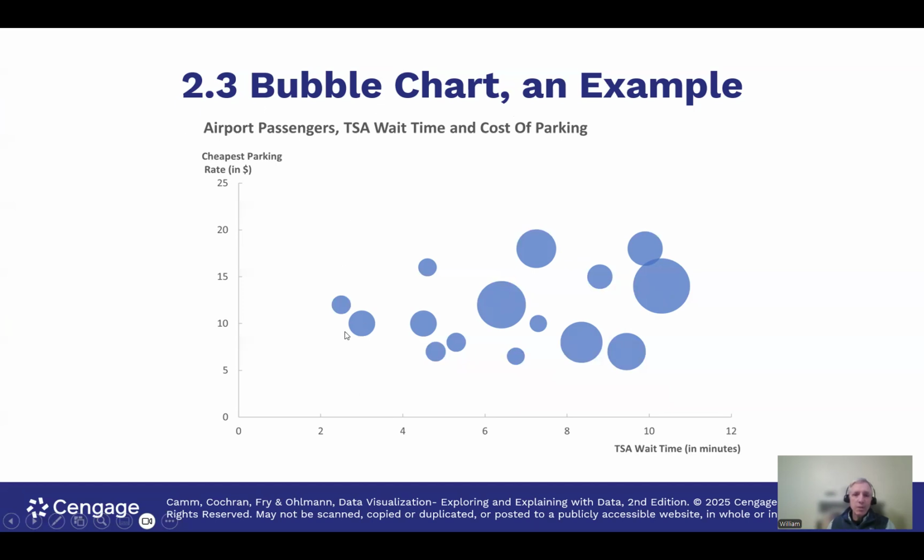I'm not sure why you would do this, why you would compare TSA wait time to cost, cheapest rate of parking, to number of departures, except maybe to show that there's no relationship. There's no relationship between cost of parking and TSA wait times, and no relation of any of those to number of enplanements, although I guess you get bigger circles as you have longer wait times, kind of.